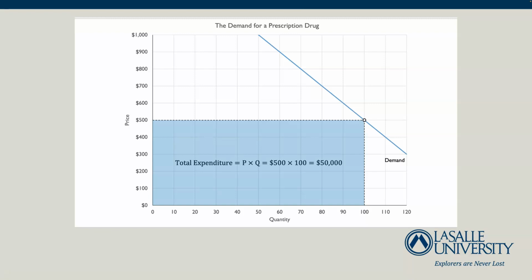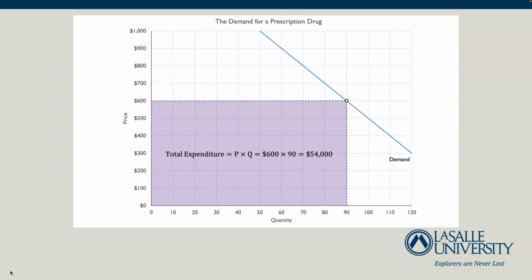So this is the amount that's going to be spent on this prescription drug by patients or their insurers. And this is also going to be the total revenue for the drug maker. Now, suppose the drug maker increases the price of this product from $500 to $600.